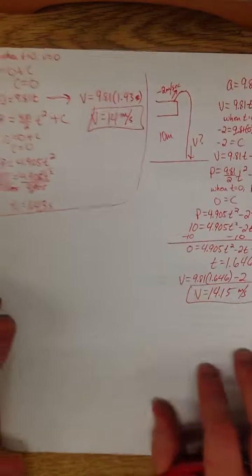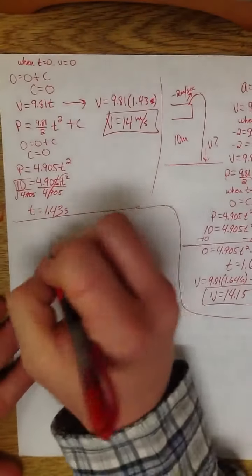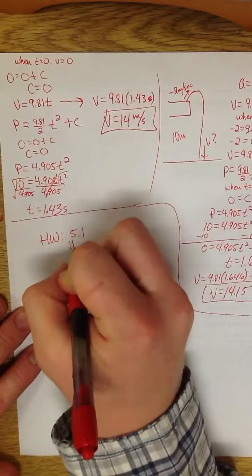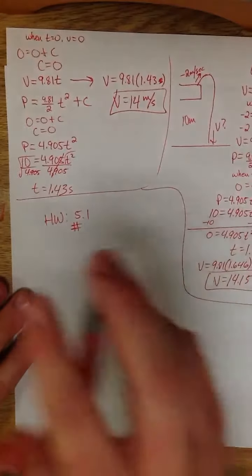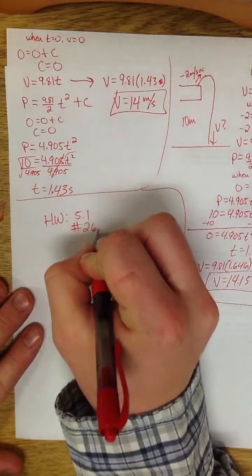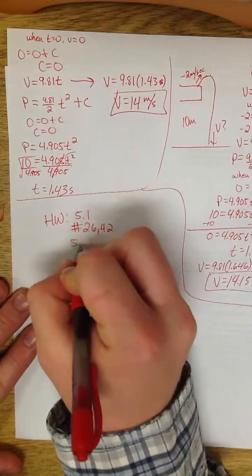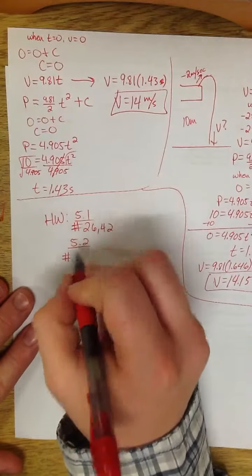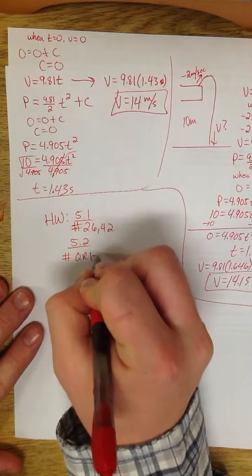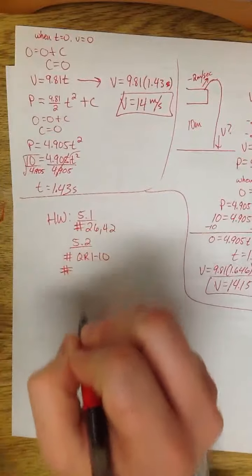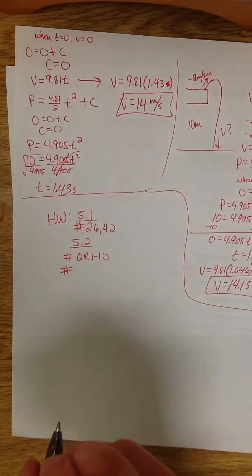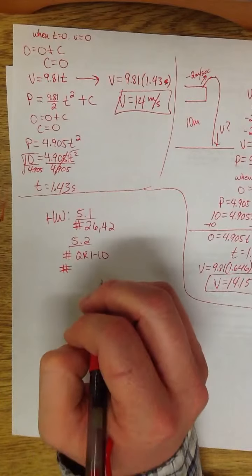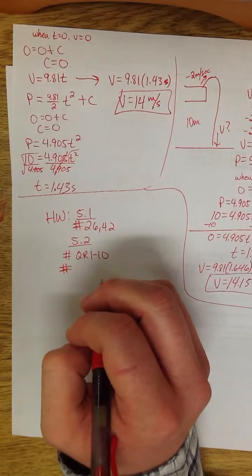That's okay. Okay, here's your assignment. Let's go 5.1, just because you're going to have a quiz on it next week, so you can't forget that. Number 26, 42, and then in 5.2, do quick review 1 through 10, and let's see, got to include the ones I chopped off yesterday, because we didn't get far enough. Let's see, what did I give you yesterday?